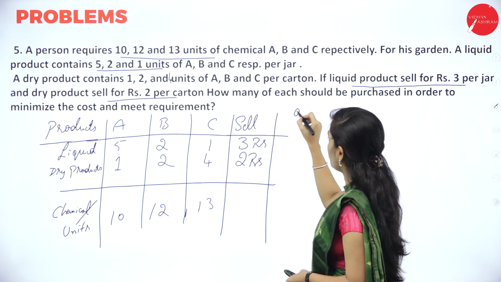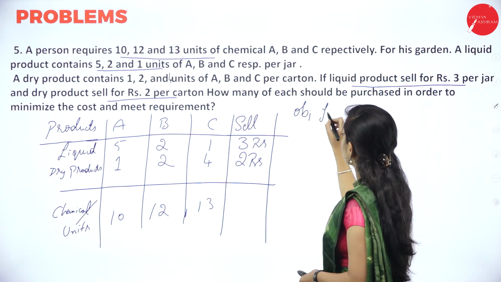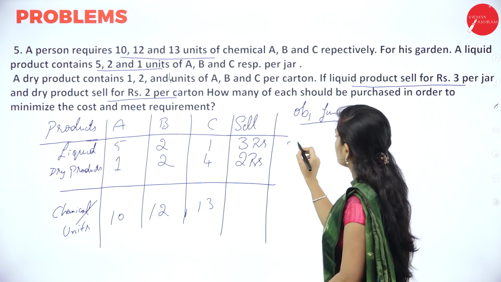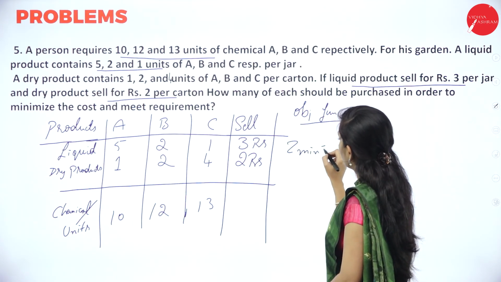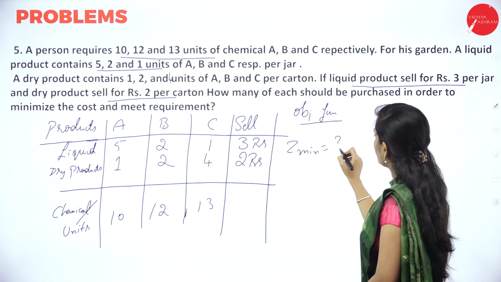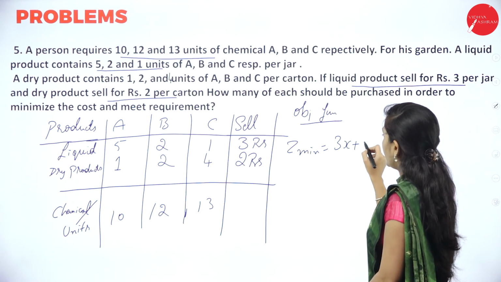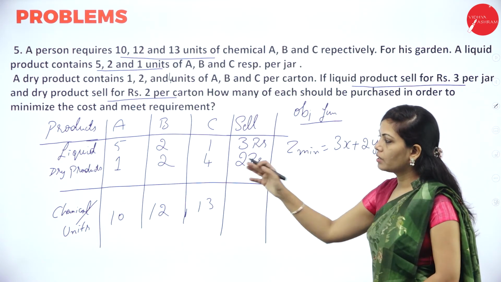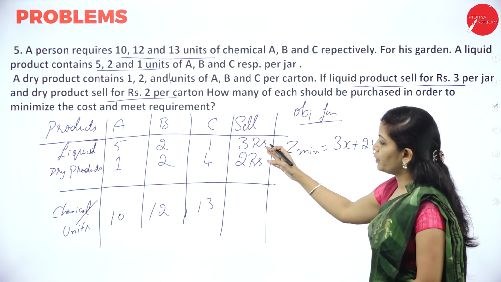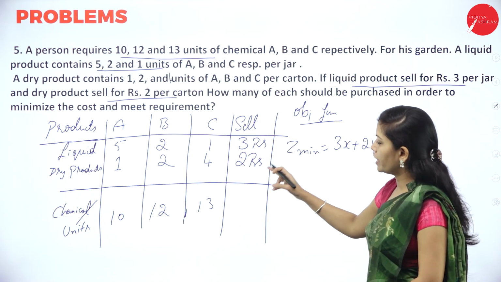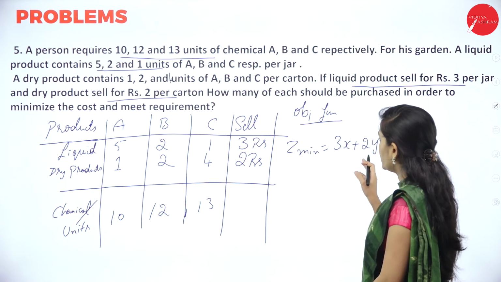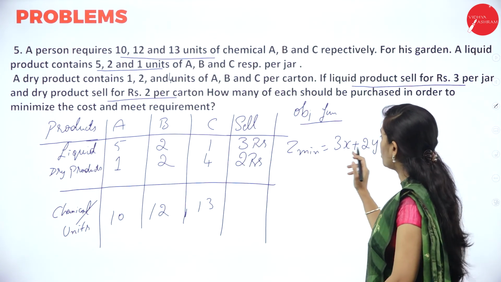So first write the objective function. So Z-min is equal to, liquid product for 3 rupees, dry product for 2 rupees. So here I am using 2 decision variables called x and y.